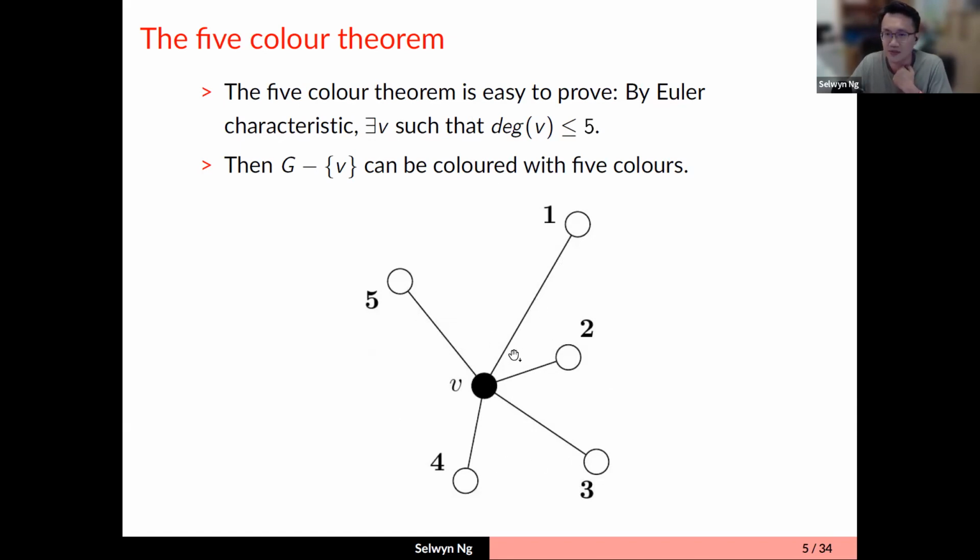So here is such a vertex, and if you remove this vertex, we assume that we can color the rest with 5 colors. I've labeled the vertices with the 5 colors 1, 2, 3, 4, 5, and our task is of course to decide some suitable color for the vertex in the middle.